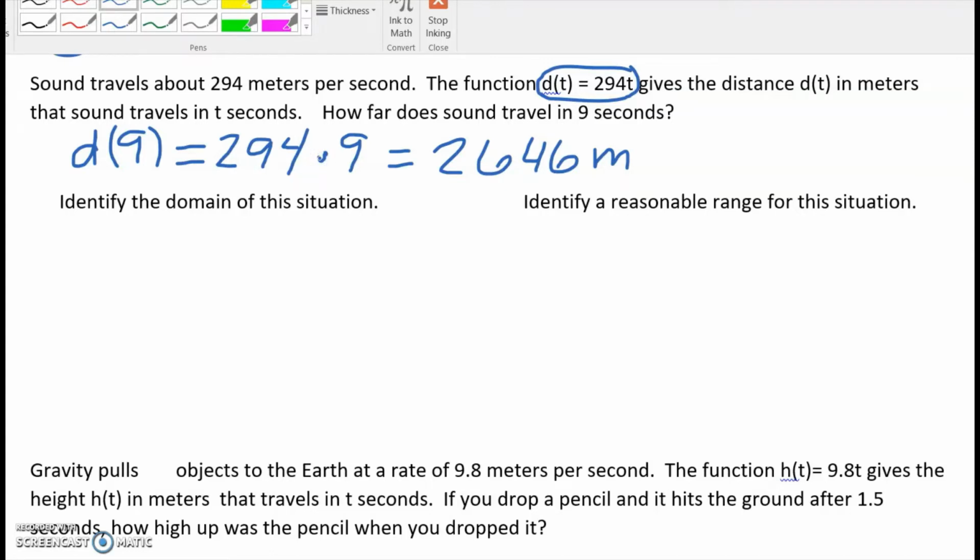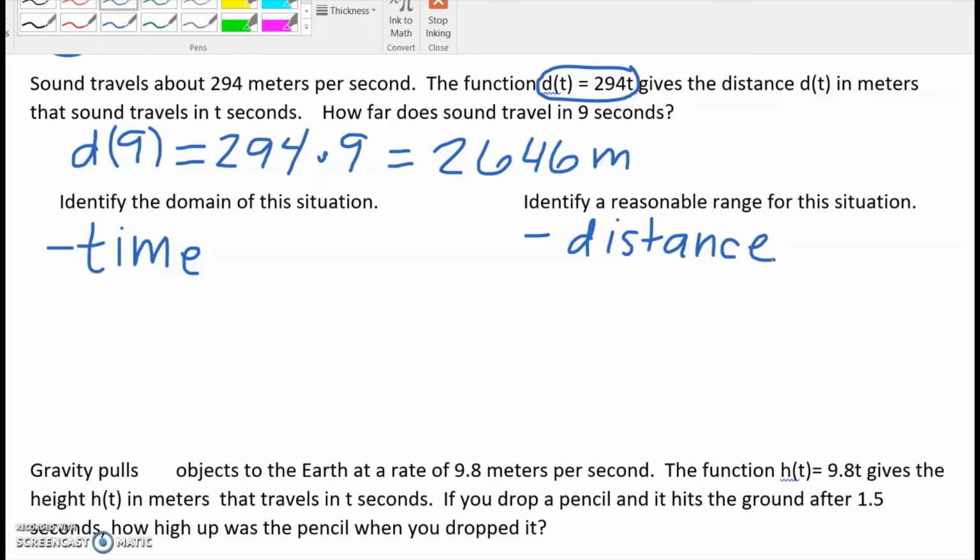So now it says to identify the domain. Our domain in this situation is time, and our range is our distance. In this situation, it just said sound travels at about 294 meters per second.